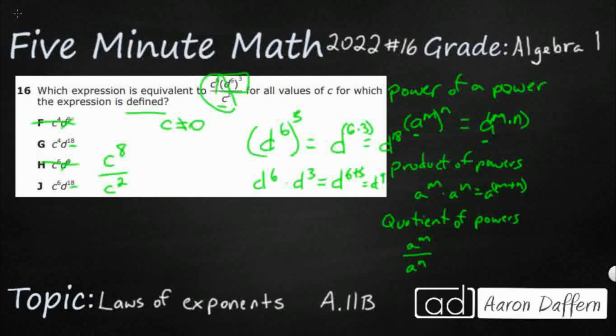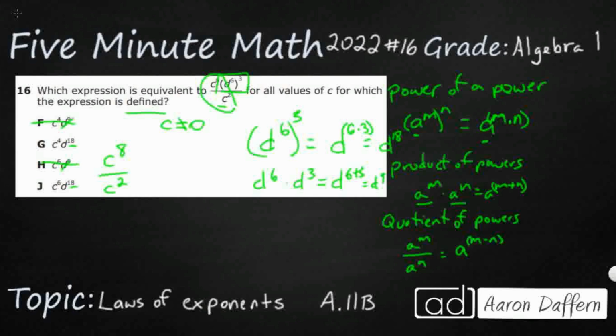How do you handle those two? Well, you would think you divide because it looks like a fraction, but you actually don't. Just like when you had the product of powers, you didn't actually multiply, you ended up adding. When you have the quotient of powers, you take that base and you subtract those two exponents.